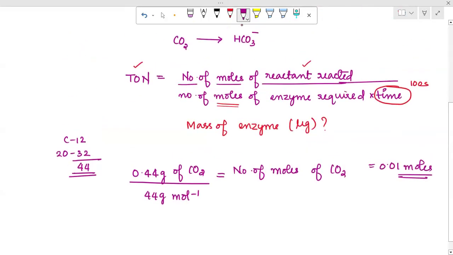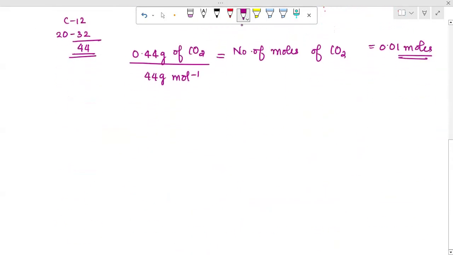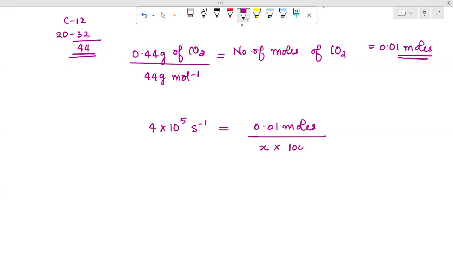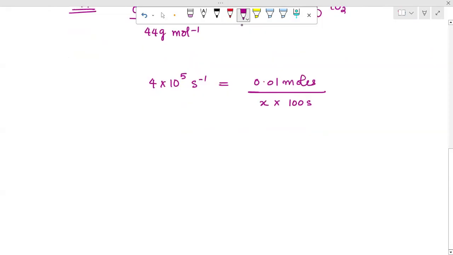Now let's put in all the values. Turnover number is already given. It was 4 into 10 to the power 5 per second, which is equal to 0.01 moles divided by number of moles of the enzyme, which is something that we don't know, into 100 seconds. Now we'll rearrange for x.